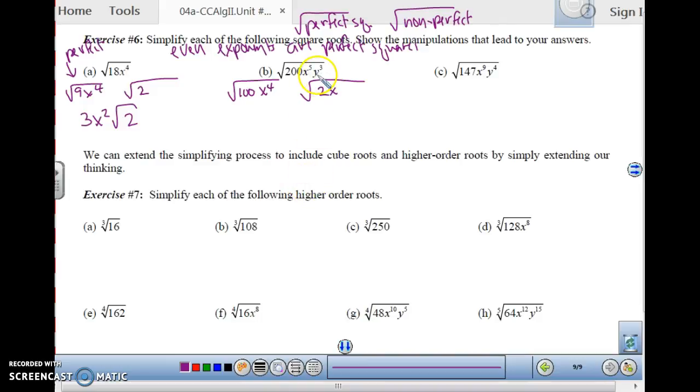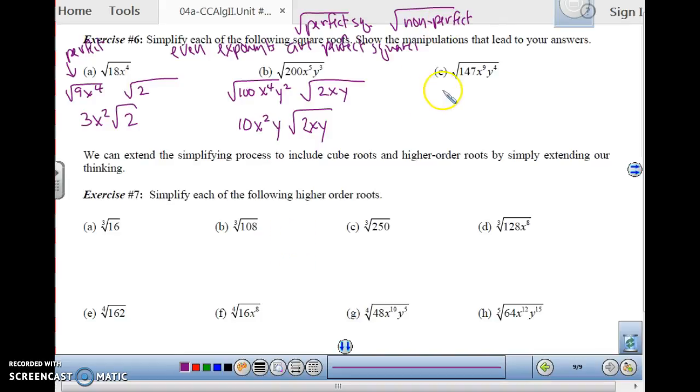And then y to the 3rd would be y squared times y. Perfect, non-perfect. All right, so these are all the perfect squares. The square root of 100 is 10. The square root of x to the 4th is x squared. The square root of y squared is just y, times the square root of 2xy. And we're done. There we go.